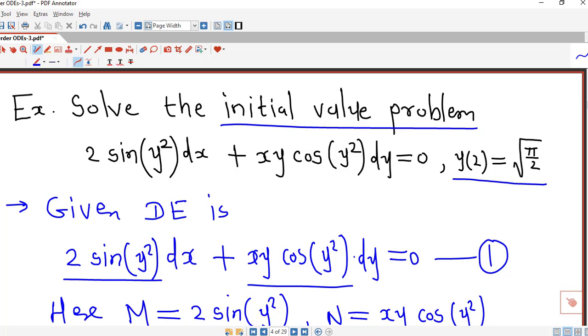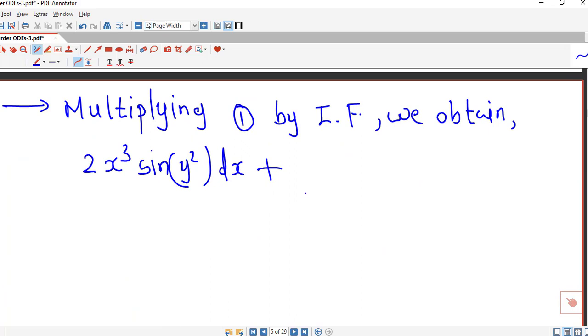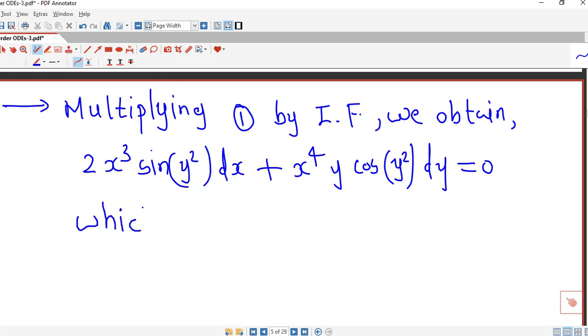So we have x raised to 4 y cos y square dy equal to 0, and this is always exact. We don't have to check it, which is exact.